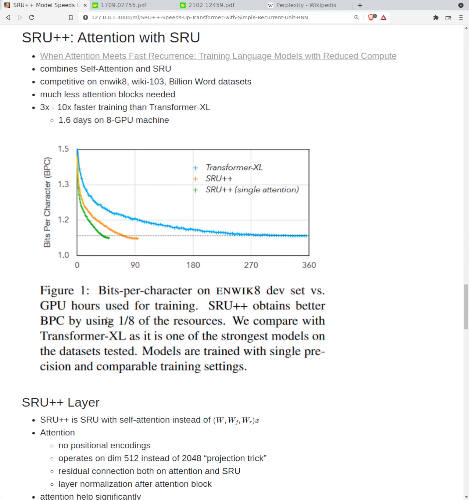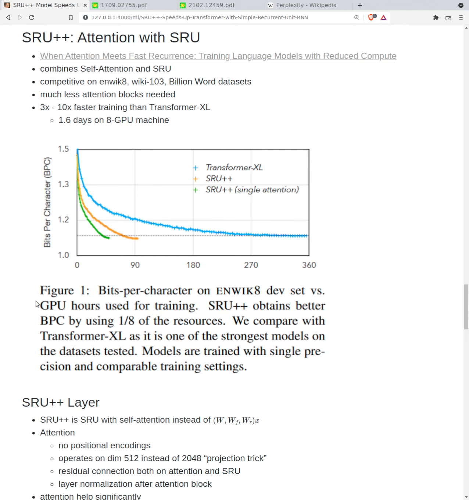Then, okay, SRU++. So SRU++ is this SRU combined with self-attention. This paper is then competitive on Enwik8 with Transformer XL. It actually achieves state-of-the-art by a small margin, which is impressive with the small amount of compute it needs, because it's 3 to 10 times faster than Transformer XL.